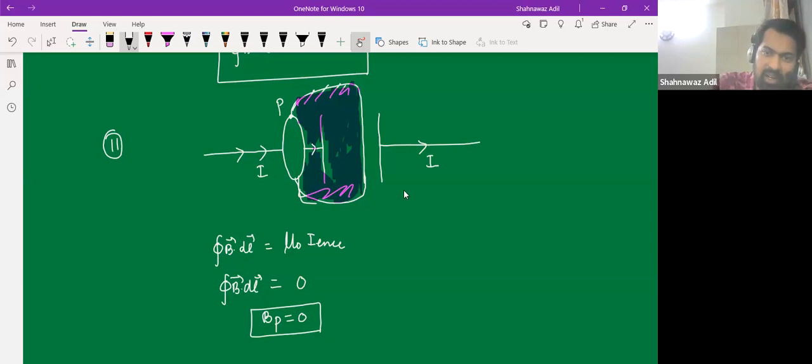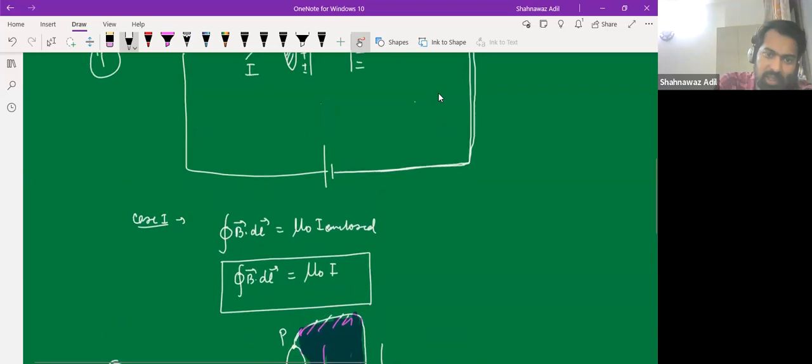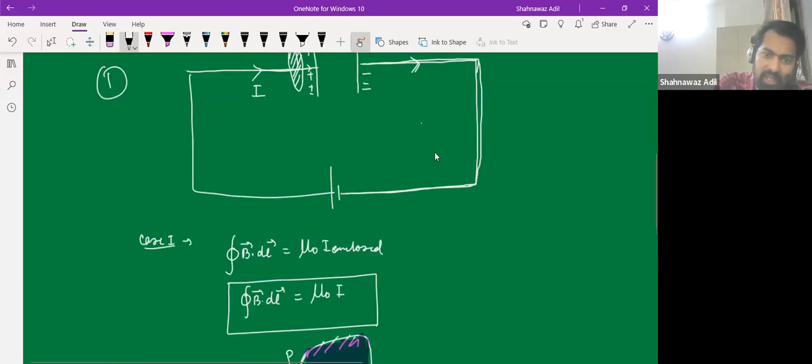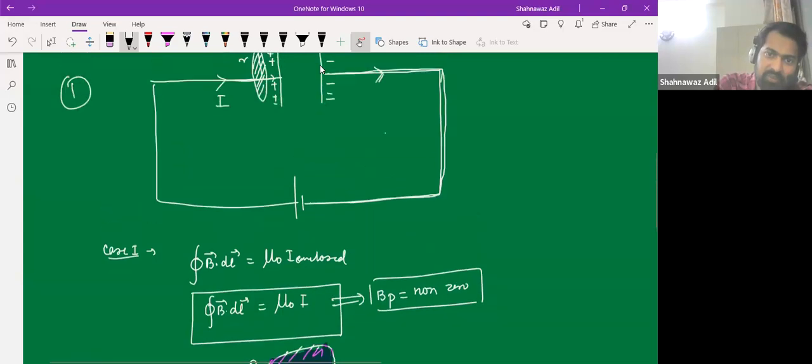So in the earlier example, when I calculated the magnetic field, there was some value of magnetic field at point P. That was non-zero because there was current flowing through that surface.